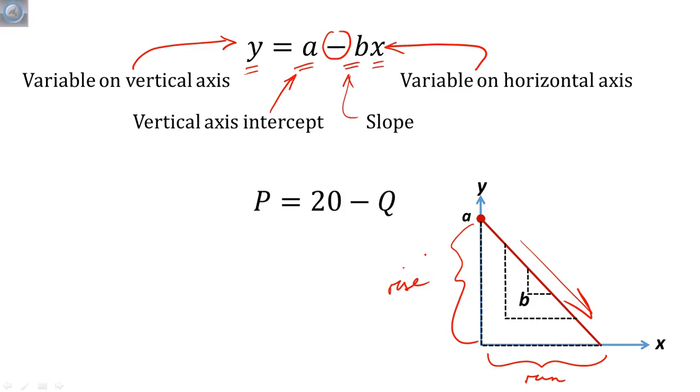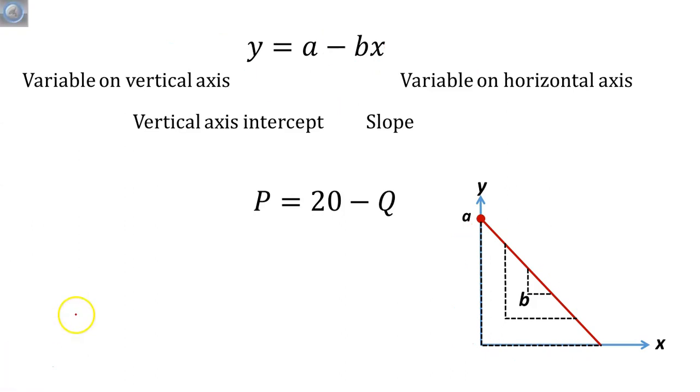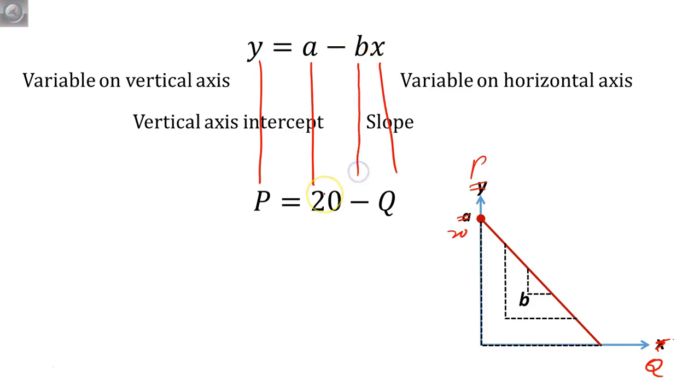Now in this case, instead of Y, we've got P. Instead of A, we've got 20. Instead of X, we've got quantity. And instead of B, we've got what? Well, where is the B or the slope here? Well, it's there secretly. It's the number 1.